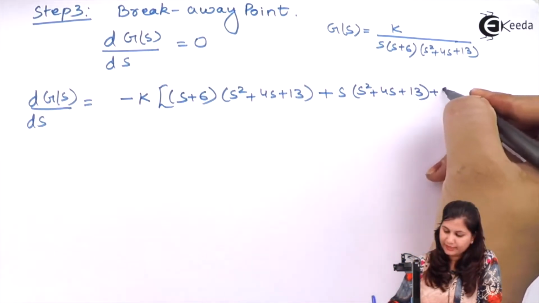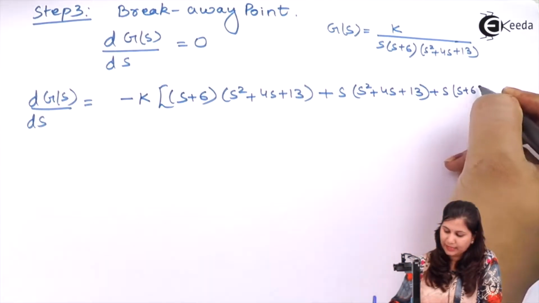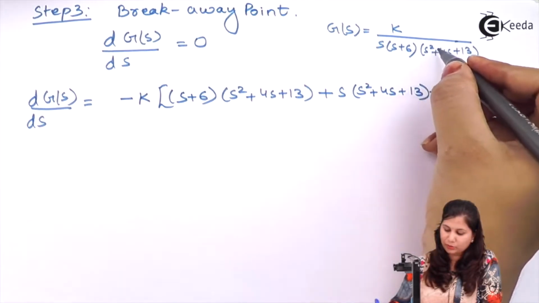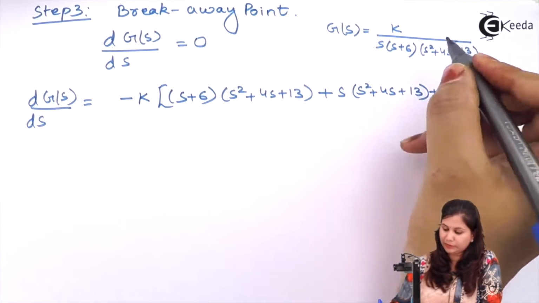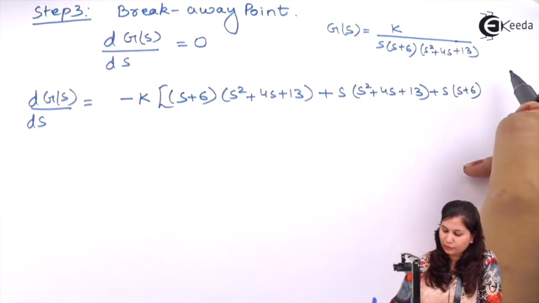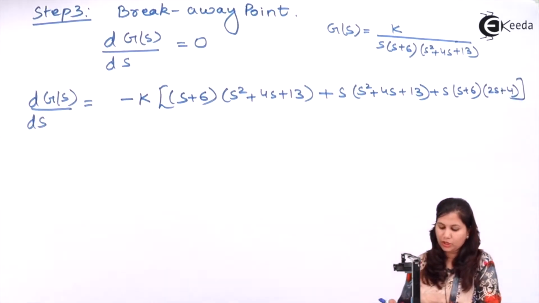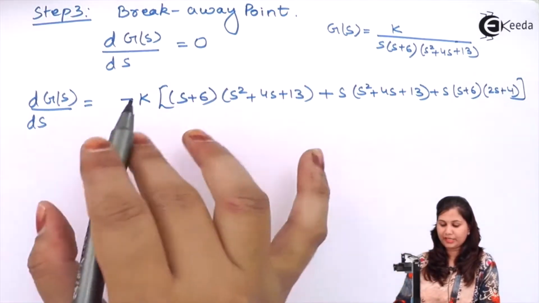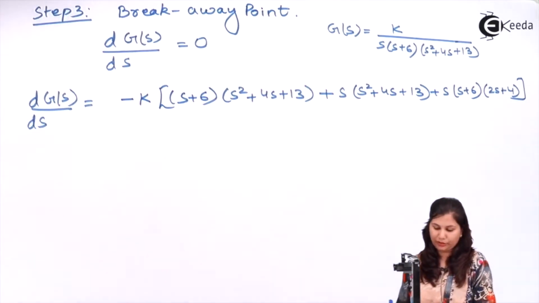Then we have s plus 6 and the differentiation of s squared plus 4s plus 13, which will be 2s plus 4. So this is the differentiation of the open loop transfer function.